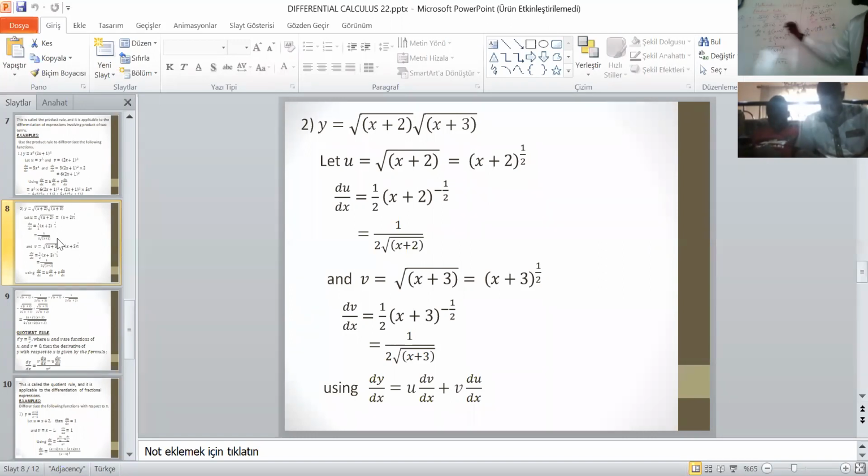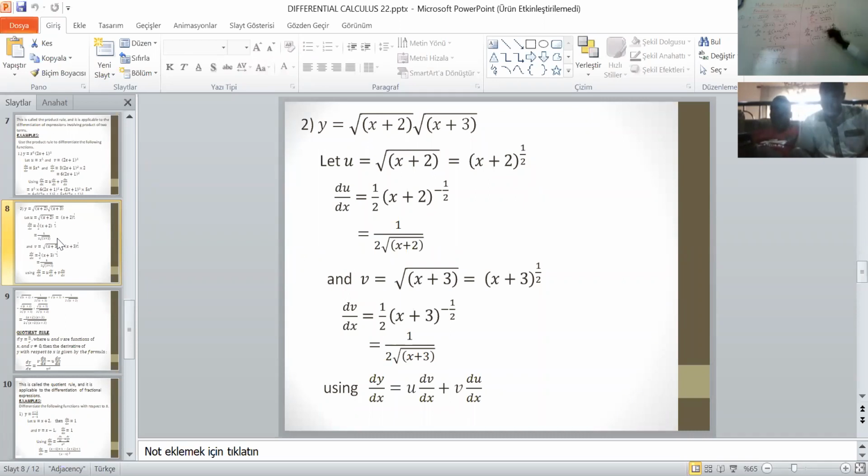U is here, this, root x plus 2, times our dv/dx, which is 1 over 2 root x plus 3. Then plus v, our v is this, root x plus 3, times our du/dx, which is here, 1 over 2 root x plus 2.